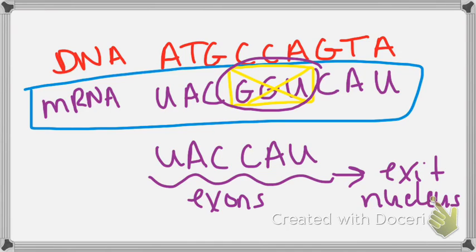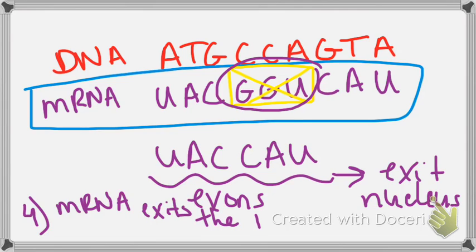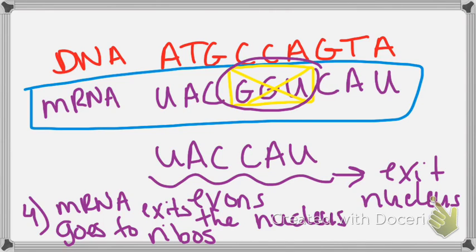So the fourth and final step of transcription is that mRNA exits the nucleus and goes to the ribosome in the cytoplasm. So that is our fourth step.